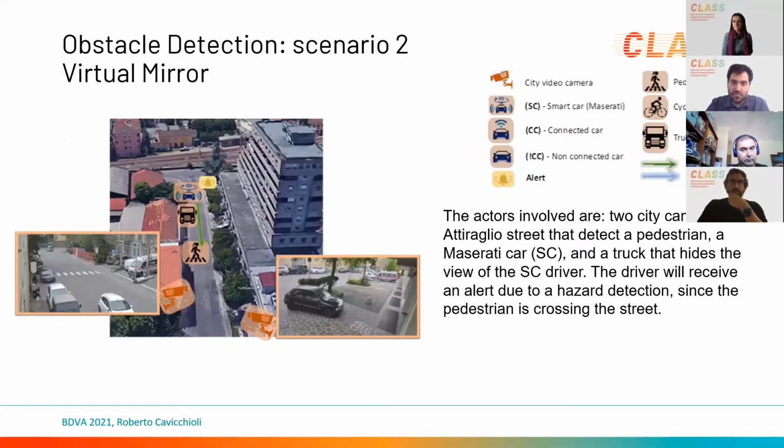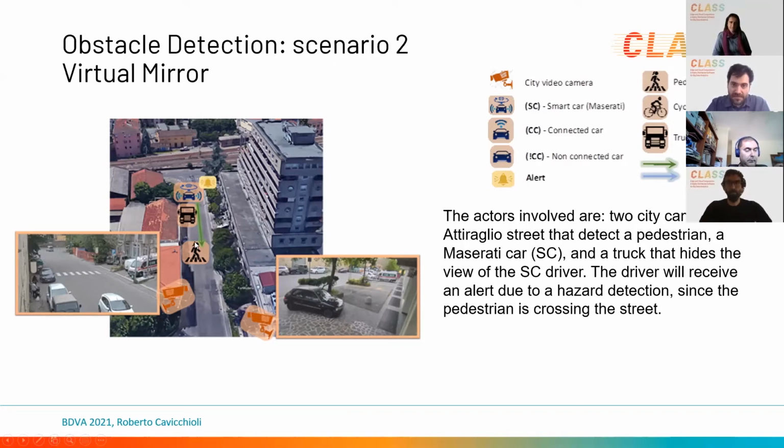So scenario 2 is an example of our virtual mirror situation, and it has been already described by Eduardo. It means that the software architecture here is able to create a digital twin of the city and to provide a look-around-the-corner feel to the users that are in the area. In this case, the smart car, therefore a fully sensorized one, is in the process of overtaking this truck or garbage collector.